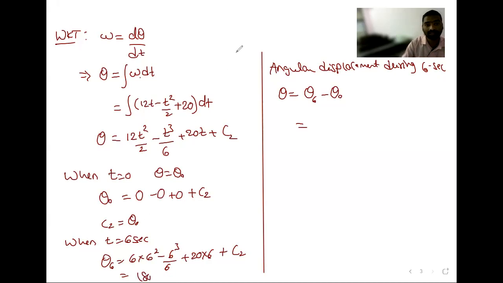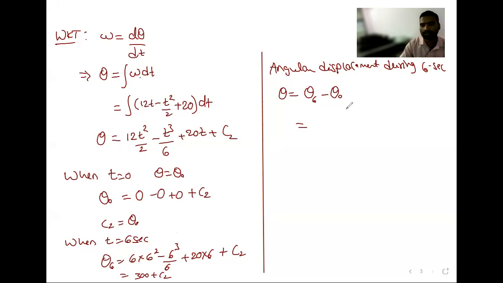Sorry, 300. सर base same करना पड़ेगा ना? Base 6. कहाँ पर? 300 plus C2 ऐसा है क्या आंसर?